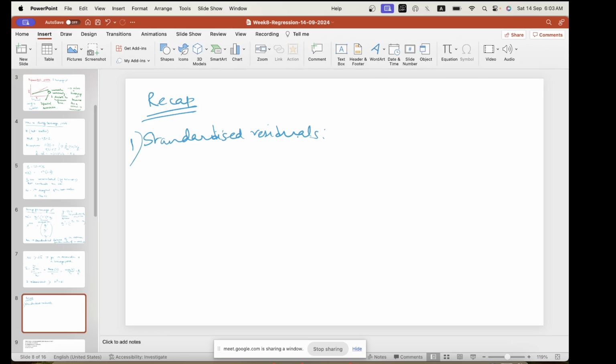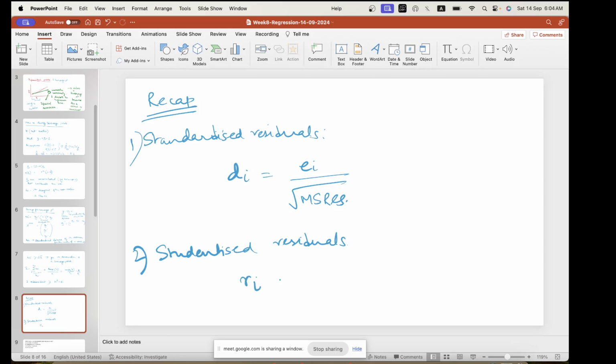If we denote it by di, this is ei, the ith residual, divided by the square root of ms residual. Okay, and we also learned about studentized residuals. And studentized residuals are what? They are nothing but Ri equal to Ei divided by, instead of using only ms residuals, ms residuals into 1 minus Hii.